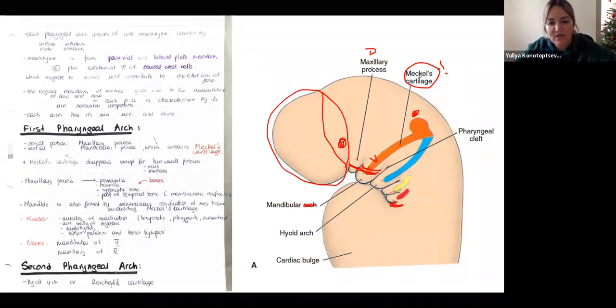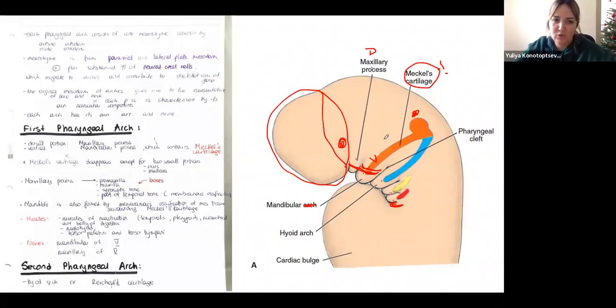You can think about it as this draft, right? This particular pre-form that helps you to shape the mandible that is going to be in the future. So this is how we make the true mandible.